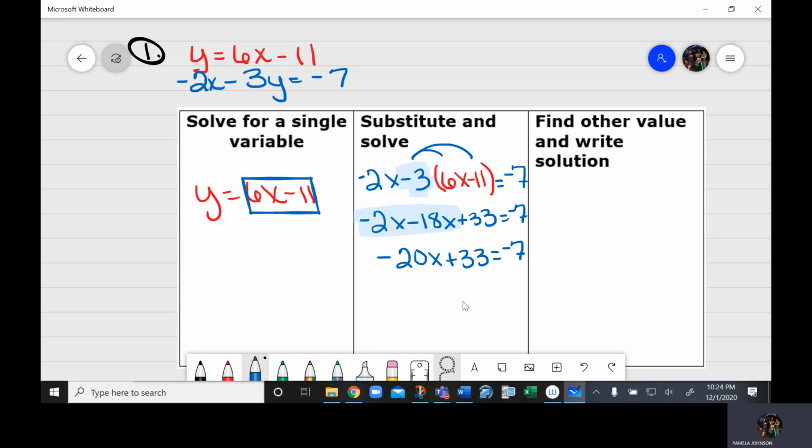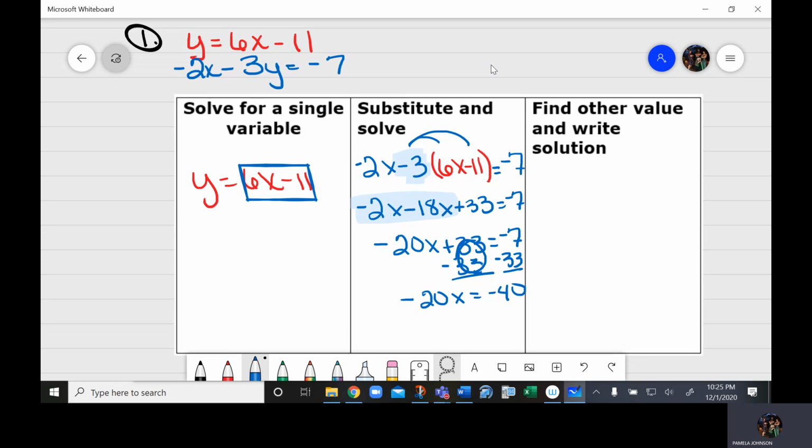Now we have it down into a two-step equation. We've simplified everything and we can just start solving. So I'm going to subtract 33 from both sides. Minus 33, so we cancel it on the left side. We're left with negative 20x equals negative 40.